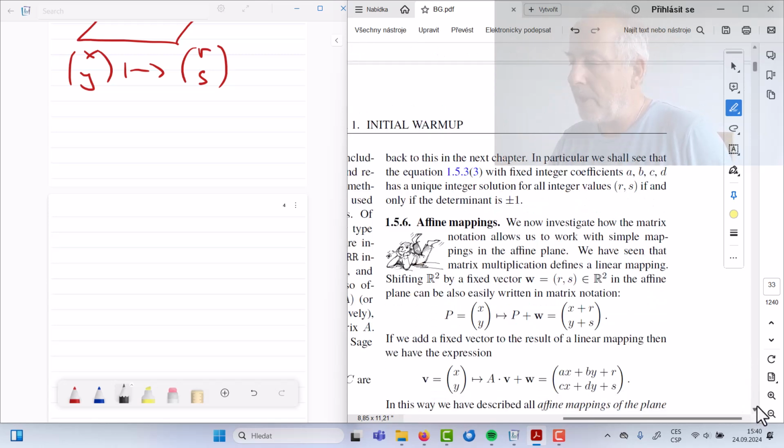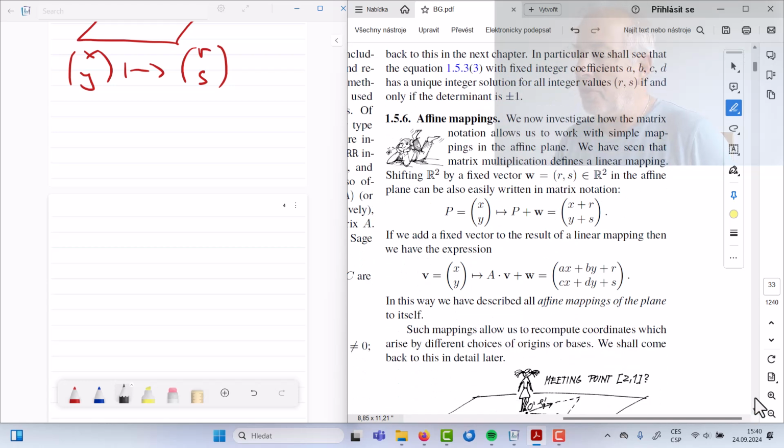And as I told, we are interested in also adding a shift. So if I have a matrix which gives me a linear mapping and a constant vector w which makes the shift, then in total the mapping sending x and y, as a general point in my plane, to this thing is called an affine mapping.